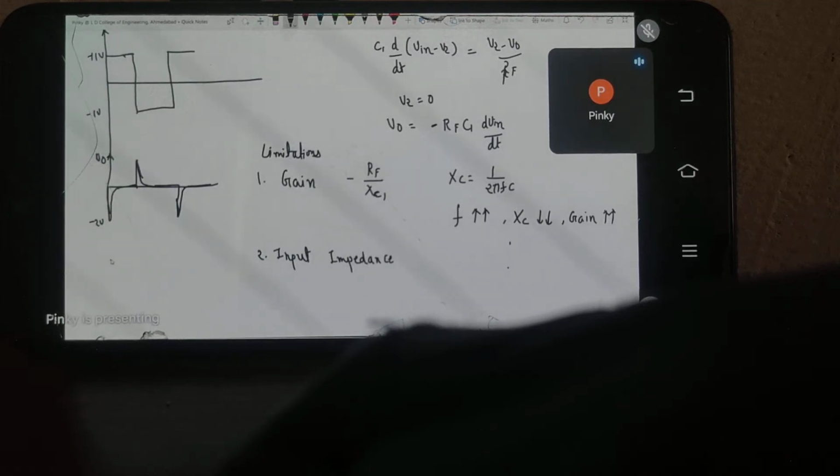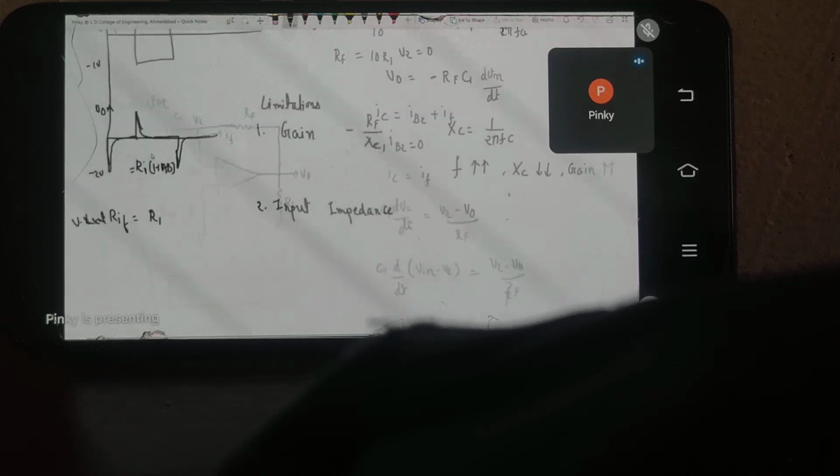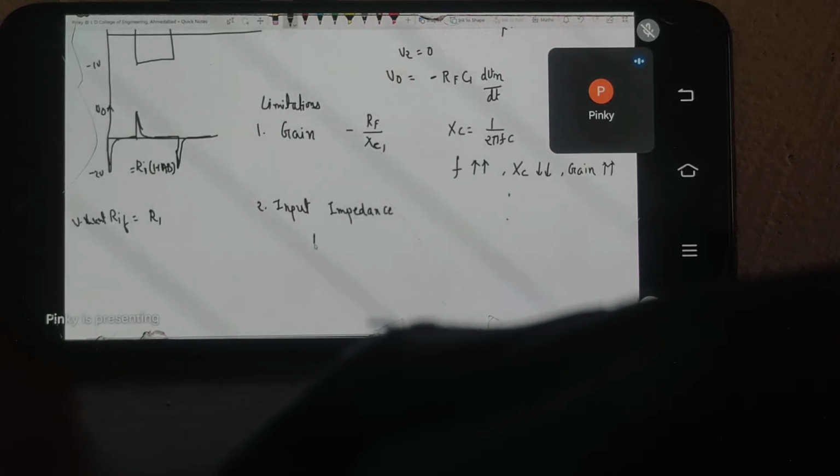in a voltage shunt feedback amplifier Rif is R1, whereas in a voltage series feedback amplifier it is Ri into 1 plus A beta. That we have derived. And this is for the voltage shunt feedback amplifier, where Rif is R1, whereas here instead of R1, what we have connected? We have the capacitor. So what is the input impedance here?